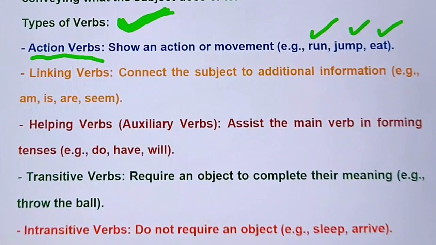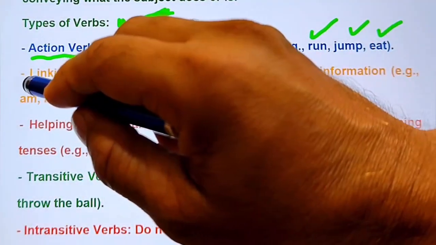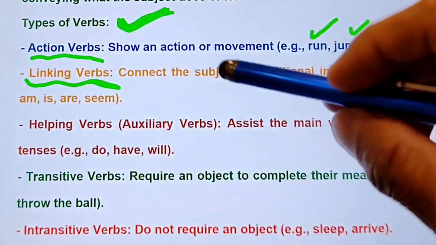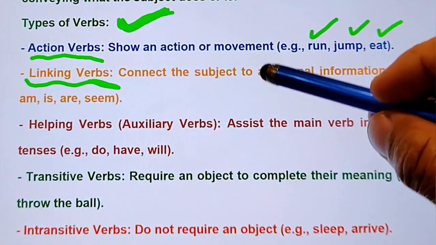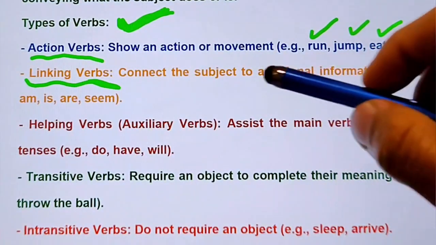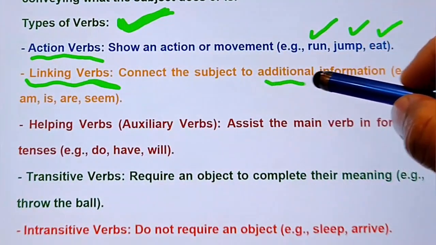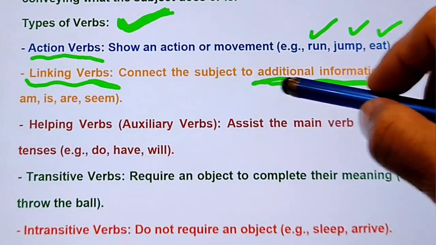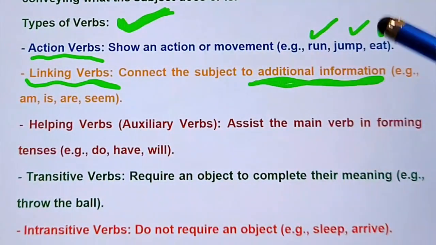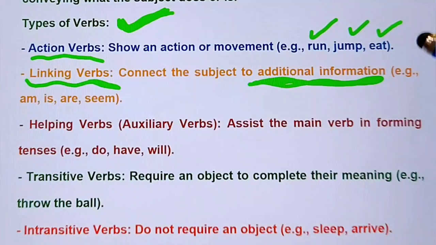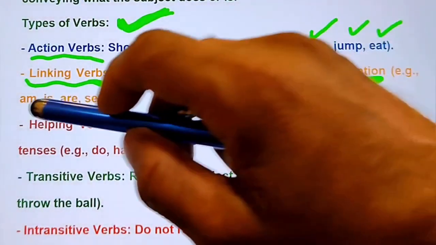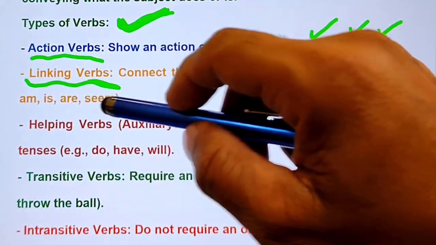So the next one here is the linking verb. Linking verbs connect the subject to additional information. This linking verb gives additional information about the subject. For example, here am, is, are, seem.